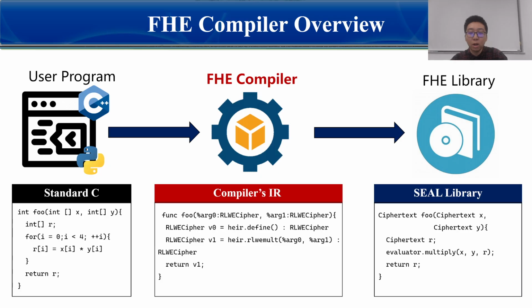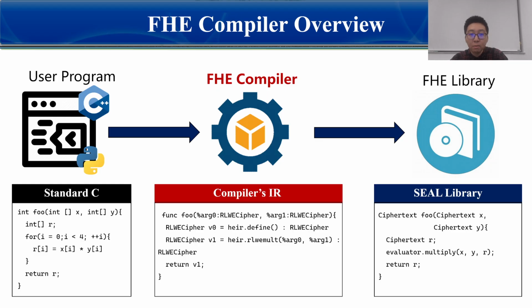Given an input program written in C, for example, the FHE compiler applies FHE-specific transformations and optimizations in the intermediate representation. Specifically, in this program, n plaintext multiplications can be transformed into a single multiplication on ciphertext, resulting in better performance for homomorphic computation.